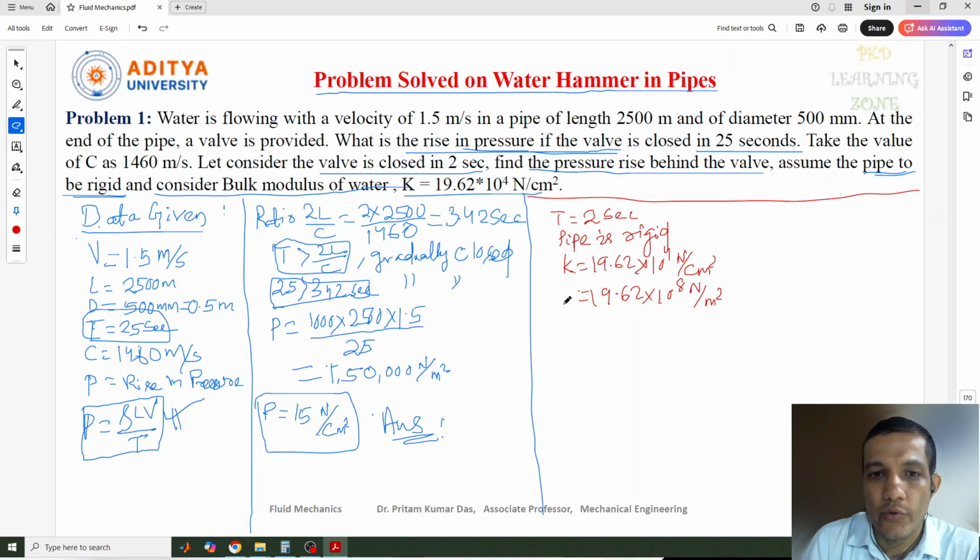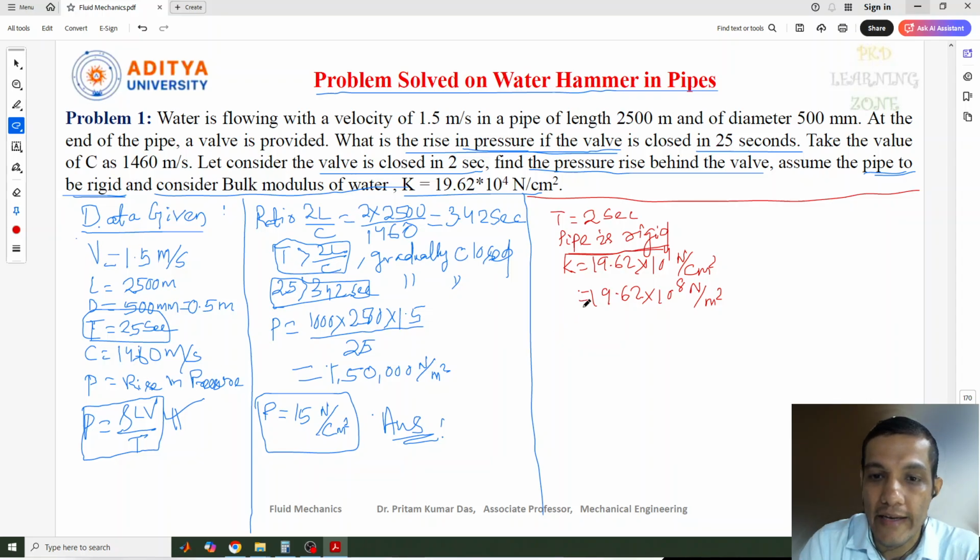Now here also we need to find the value of rise in pressure. This also depends on the condition that the pipe needs to be rigid. For this condition, what is the pressure equation?